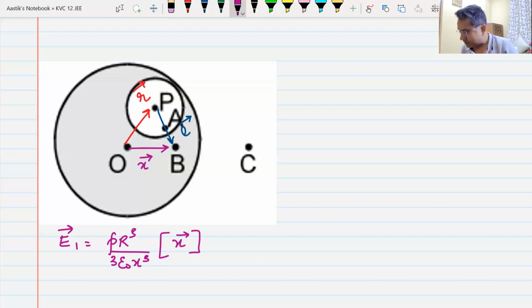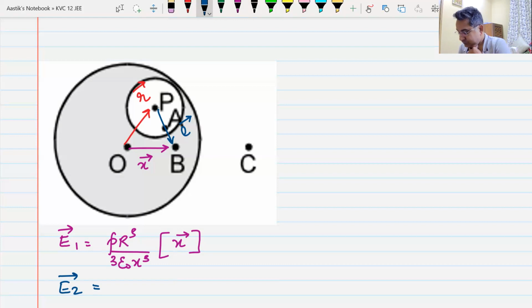No problem. That is absolutely correct. What about E2? The field created by that hole.